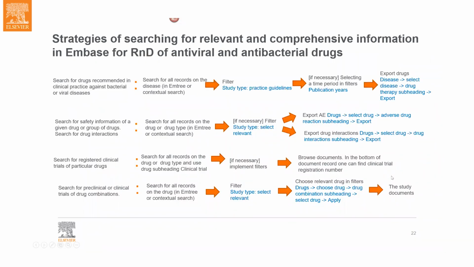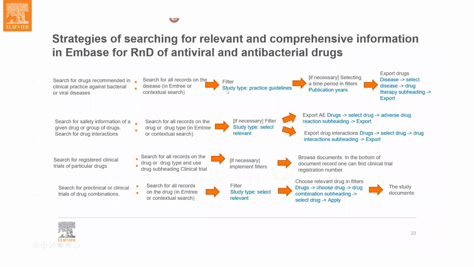In this slide, I collected several strategies for which you can use Embase to get relevant and comprehensive information related to drugs R&D. So if you would like to search for drugs recommended in clinical practice against some diseases, you can search this disease in quick search or in Emtree.